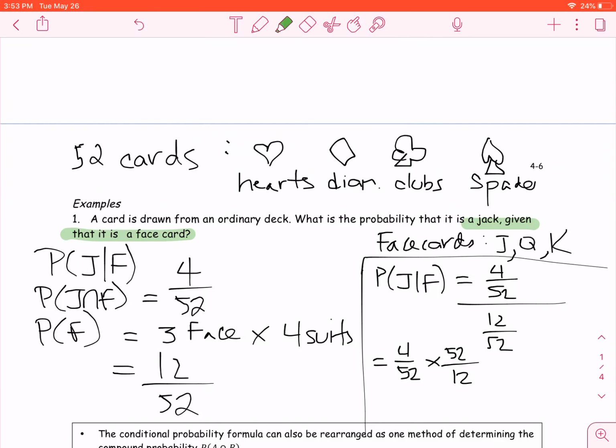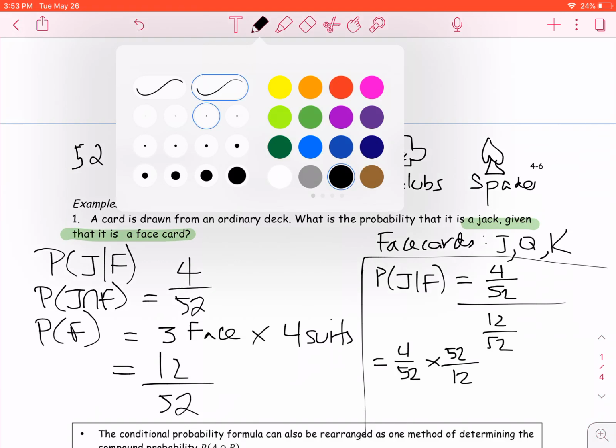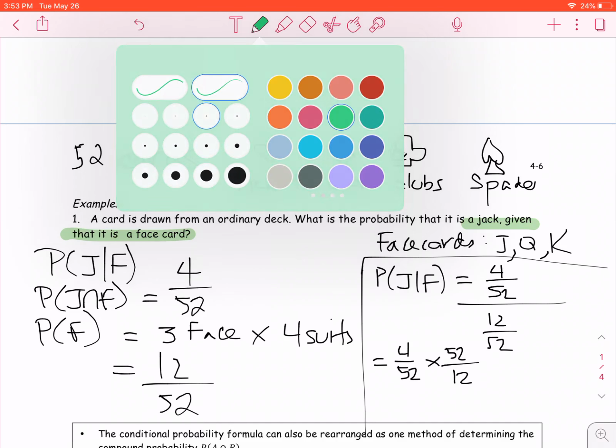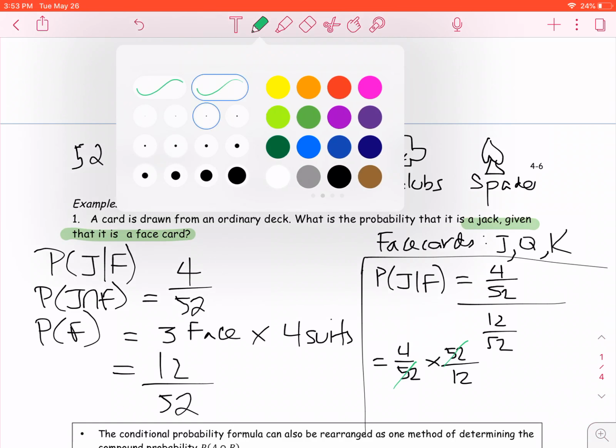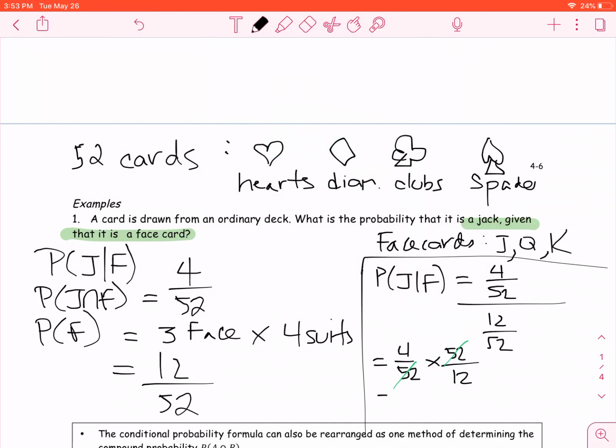In this case, you'll notice the 52s cancel out, so I'm left with 4 over 12, which is 1/3. So there's a 33.3% chance that we will draw a jack given that it is a face card.